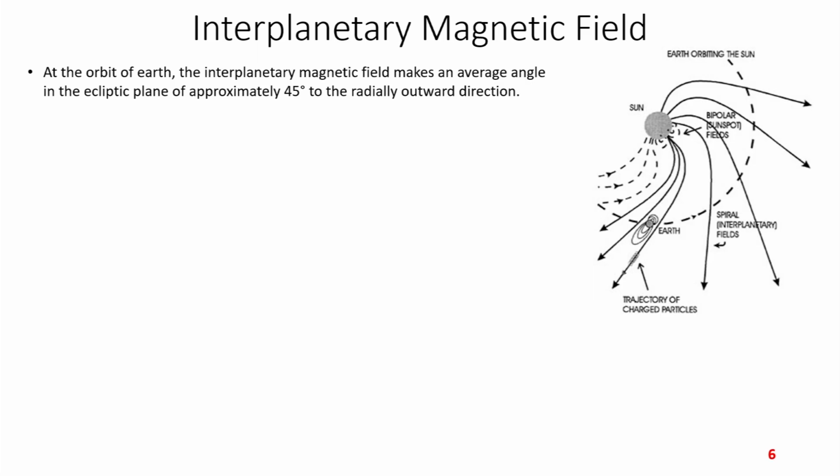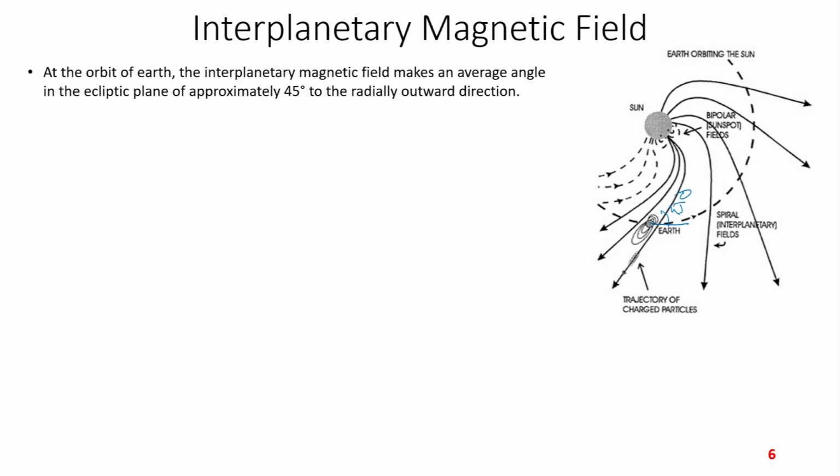This is the ecliptic, the orbit of the earth. If you draw a tangent here, this angle is 45 degrees, though it may not be exactly 45 degrees; it depends on the magnitude of the solar wind.